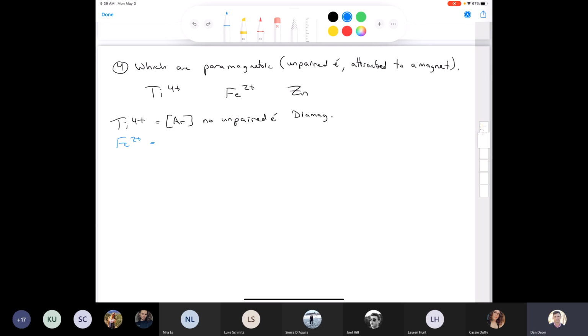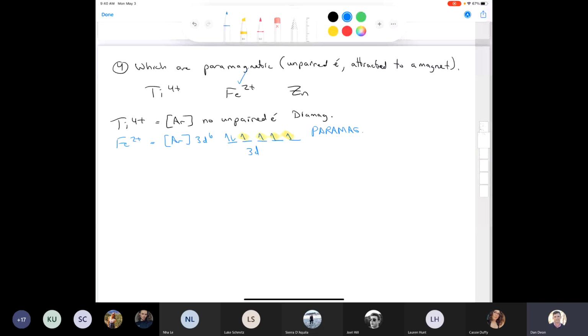And so the electron configuration of the iron 2+ is argon 3d6. Well, if I look at my 5 3d orbitals, I have 6 electrons in them. That means I have 4 unpaired electrons, and therefore this one is going to be paramagnetic. It will be attracted to a magnetic field. So this one is one of the possible answers.